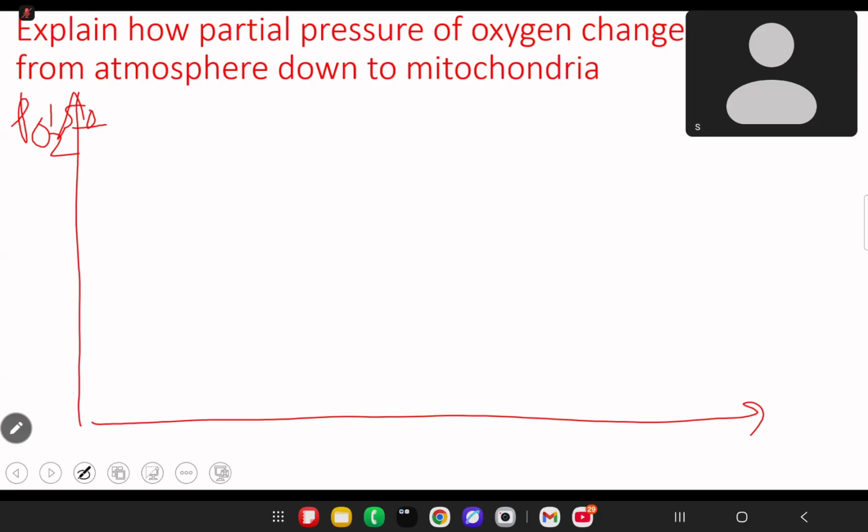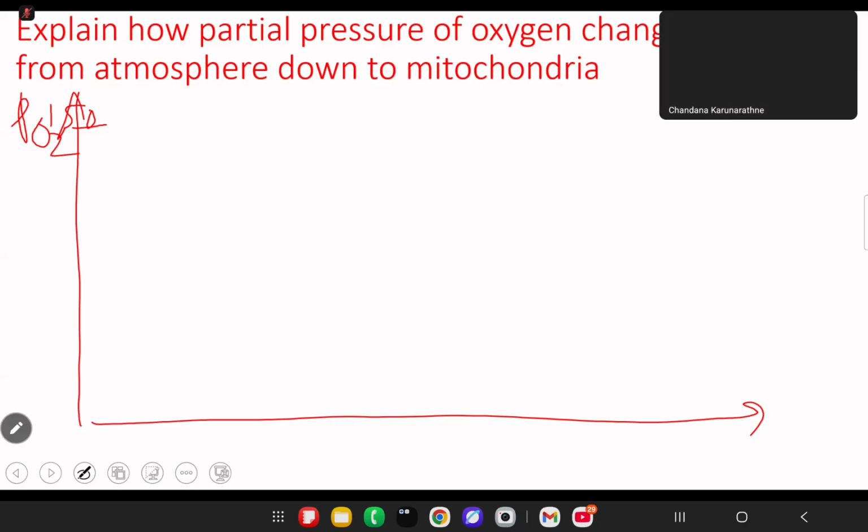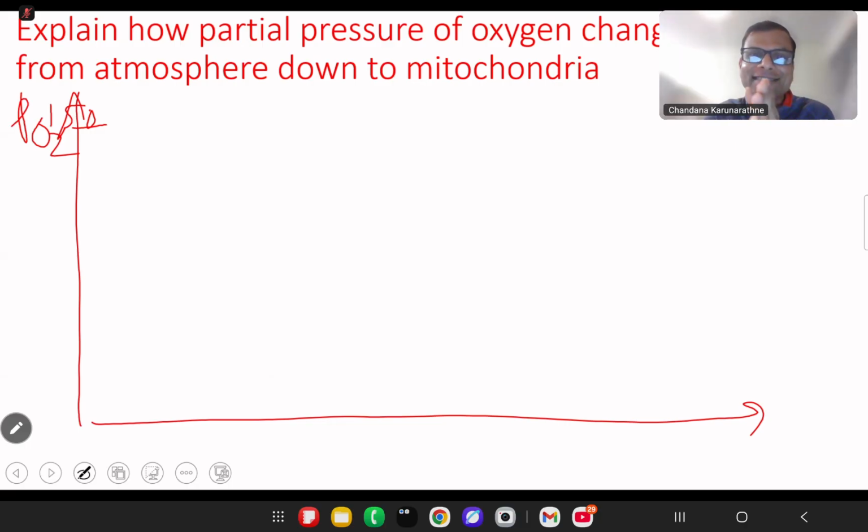Follow the gas laws. Excellent. What gas law? You are getting there, but still. In the exam, what would you say? Okay, what gas law are we concerned about? Anybody? So it's the Dalton law of partial pressure.